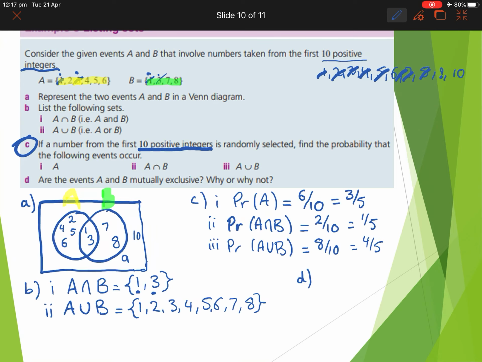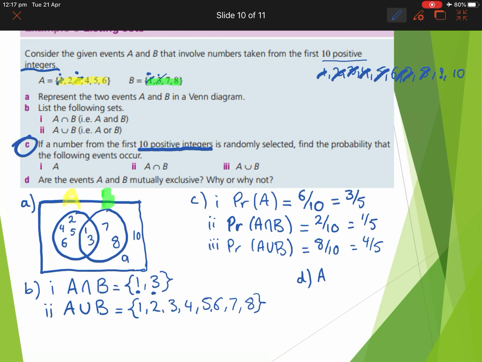Alrighty, and the very last one, D. It says, are the events A and B mutually exclusive? Why or why not? Mutually exclusive means that our sets have nothing in common, but our sets do.